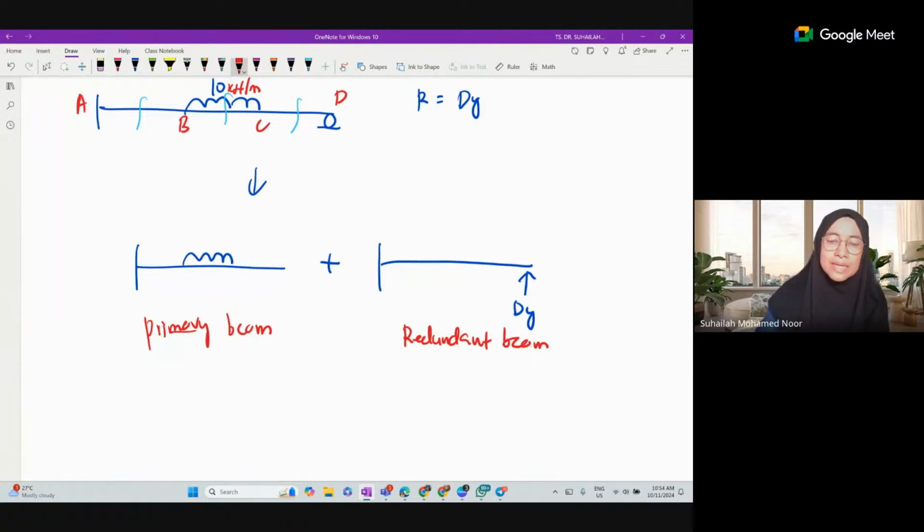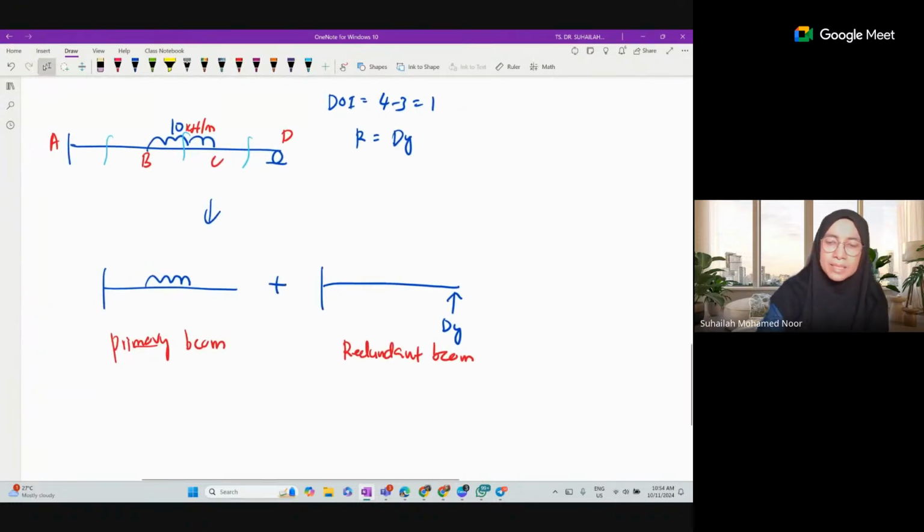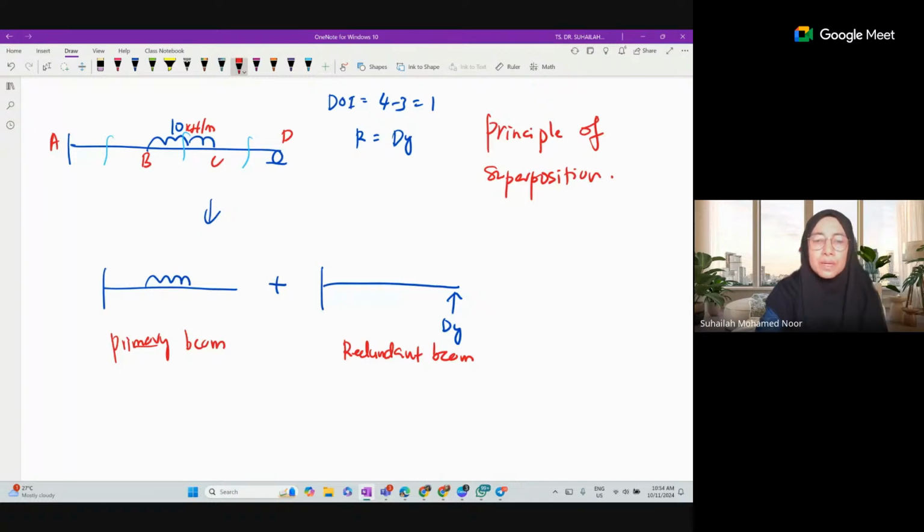Actually this fulfills what we call the principle of superposition. The original indeterminate structure is the actual beam.